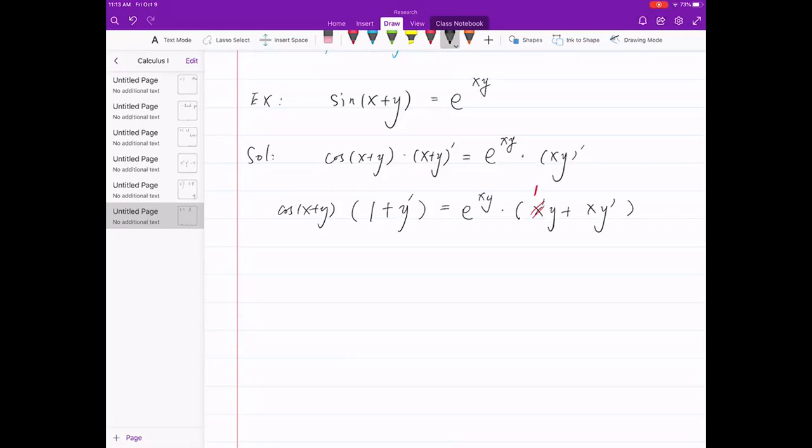Up to now, all the derivatives are done except for y prime, and you cannot go any further because you don't know what y is. So just keep y prime there. Now, like I said, clean up the terms by FOILing everything out, so you can recognize which terms have a y prime and which don't.